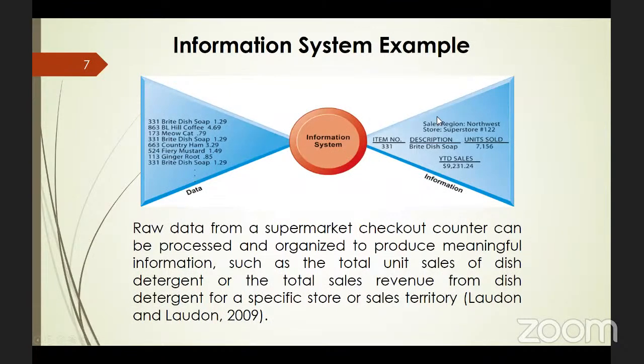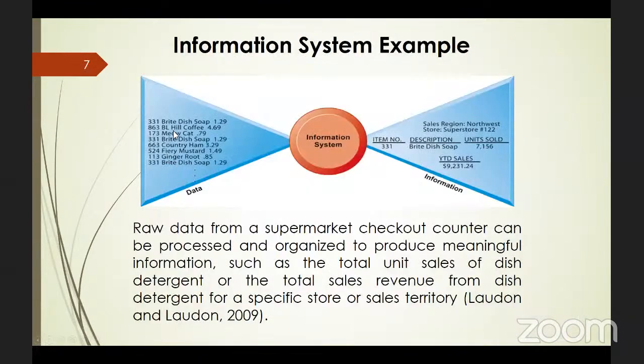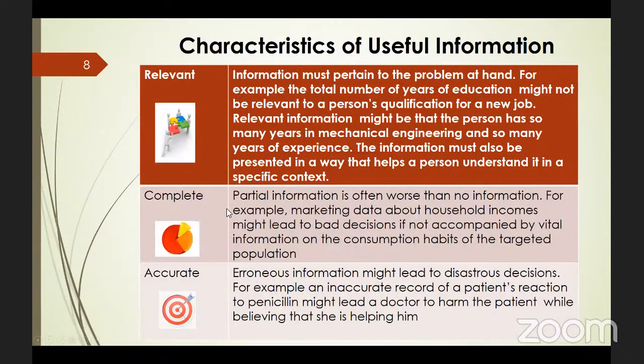Back to this example, I want to know how much the soap costs and how much we are making per bar of soap. So even though this is useful, it's not complete. We want more information so we can make good decisions. And while I'm at it, I want to know how the soap compares to the ham, the mustard and the cat food, so we can do some comparison.